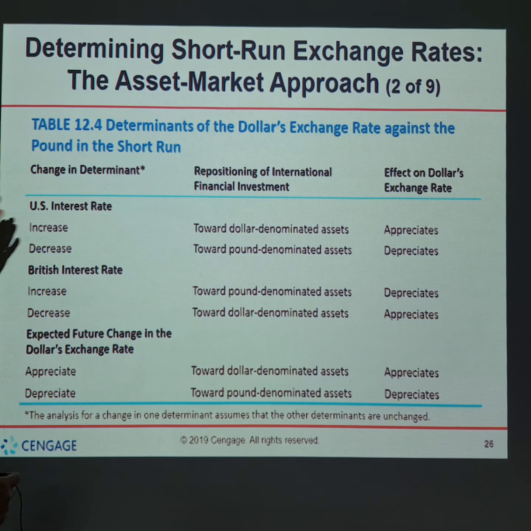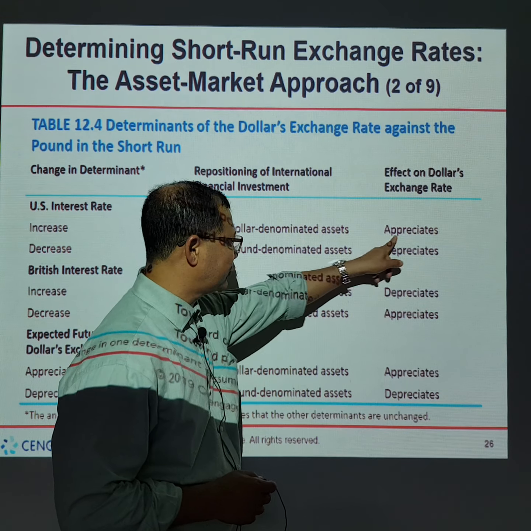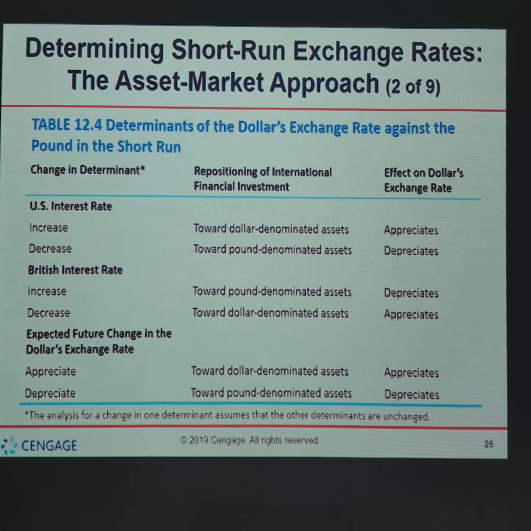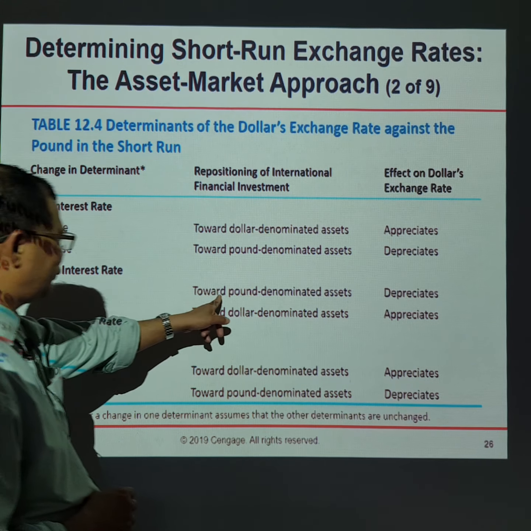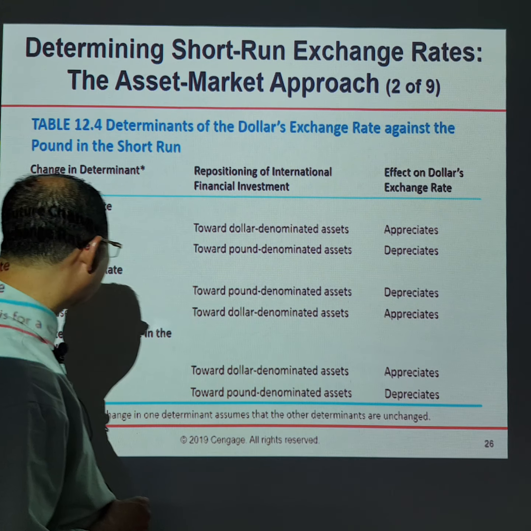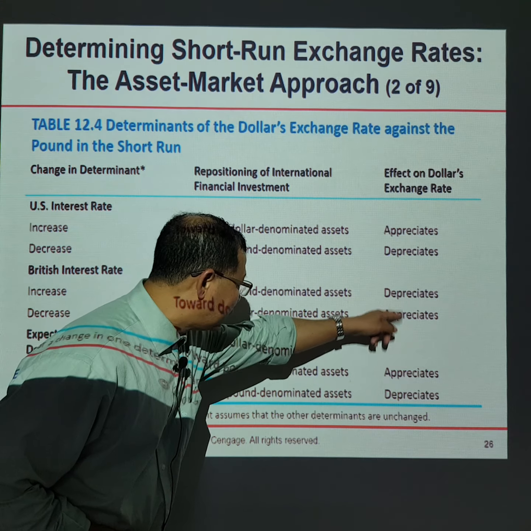In the short run, if the US interest rate increases, there is a move toward dollar-denominated assets, so the US dollar appreciates. If the British interest rate increases, there is a move toward pound-denominated assets, so the pound appreciates. No, we're talking about the dollar, so the dollar depreciates.